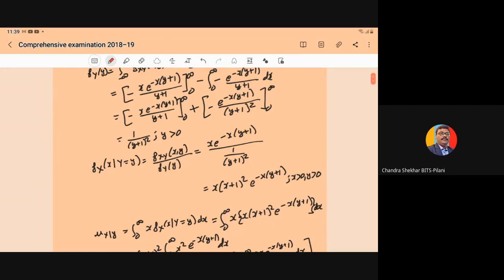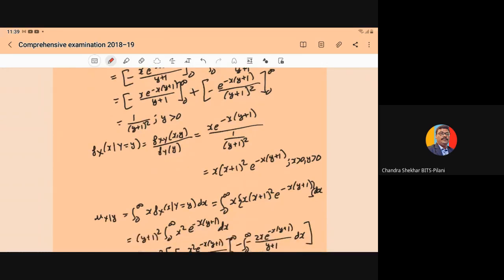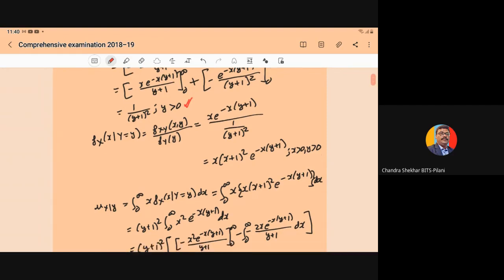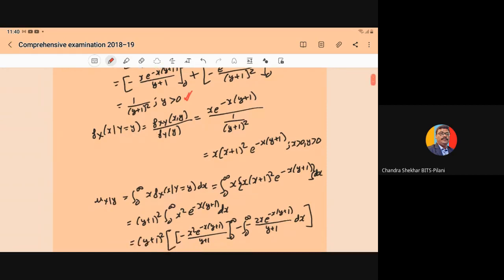When you put the limits, it will give you 1 upon (y+1) whole square for the range y greater than 0. It is mandatory to write the correct range for y or any other variable whenever you are writing the PDF or anything else.